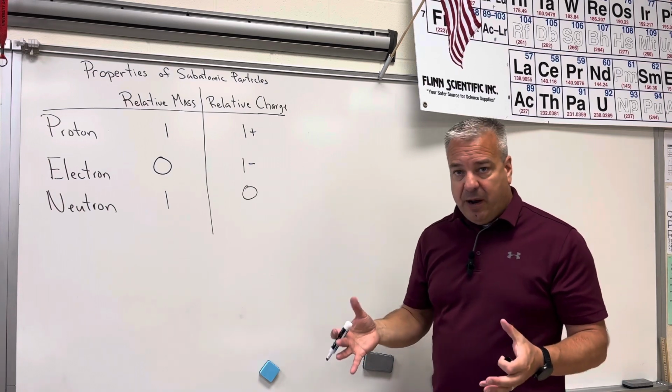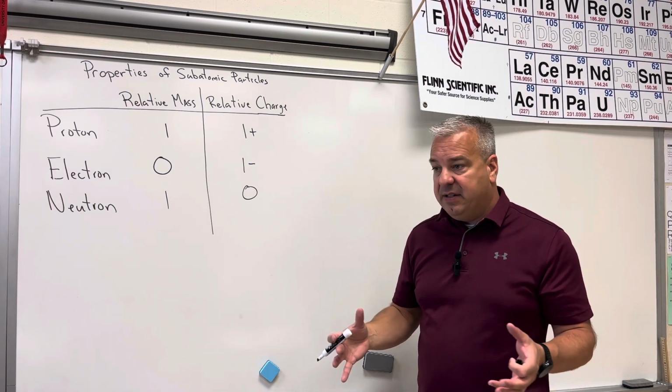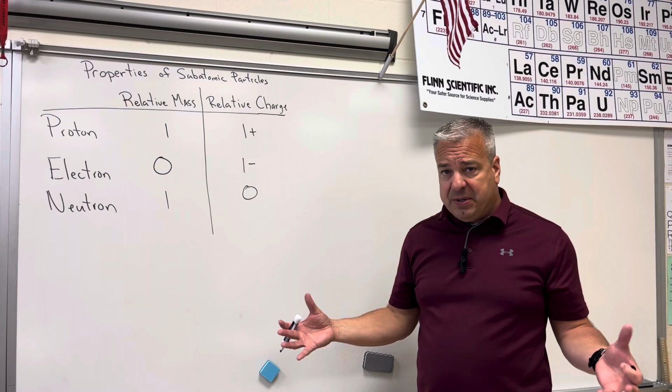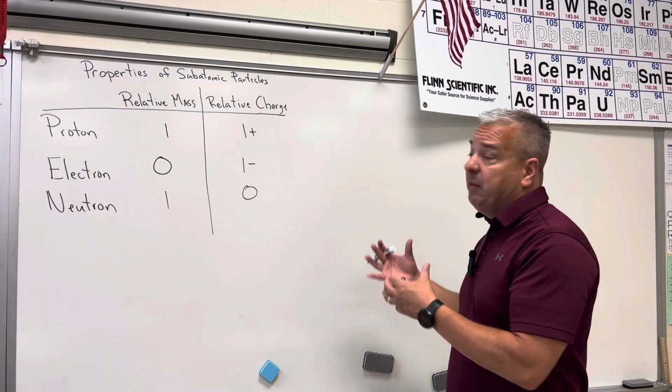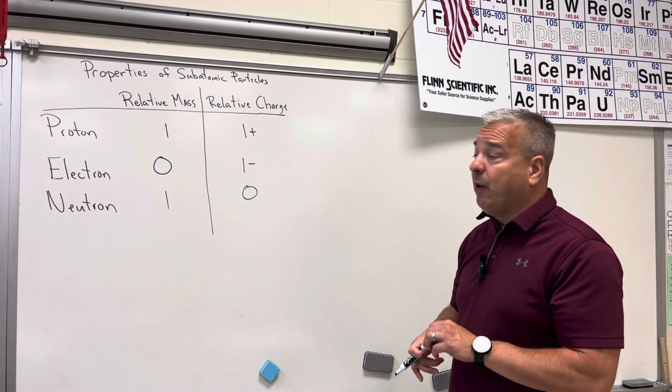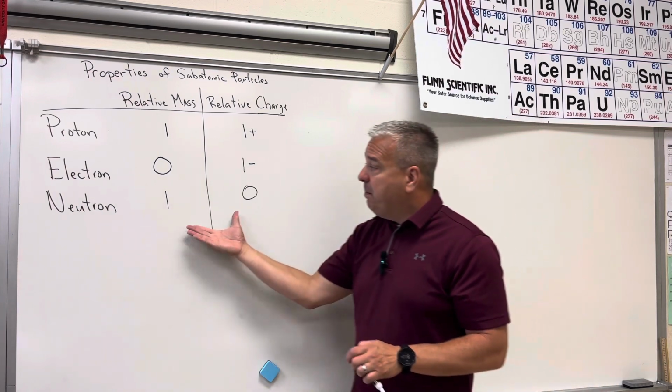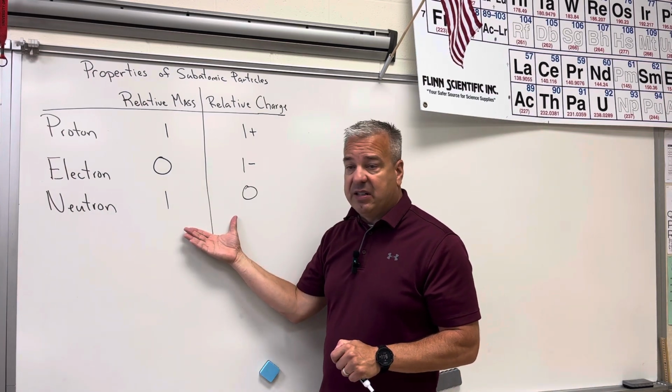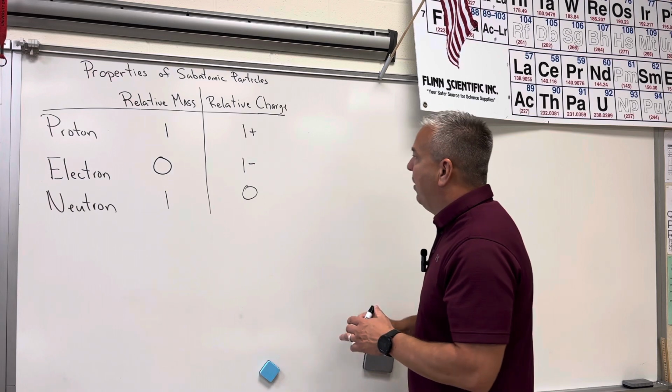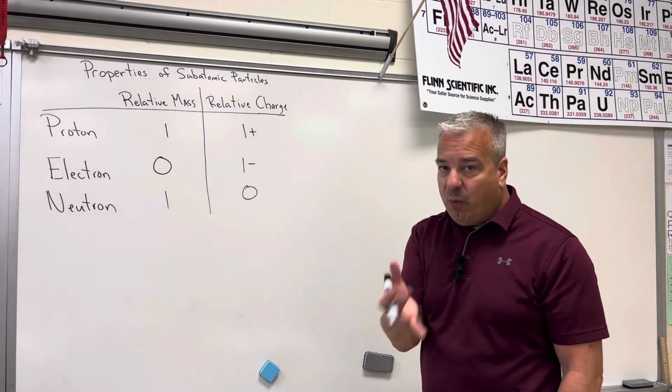Now, from this, we're going to do a couple practice activities. I'm going to give you the number of protons, electrons, and neutrons, and what I'd like you to figure out is the mass and the charge based on the properties that we just discussed. So let's do a couple of these, and we're going somewhere with these problems.